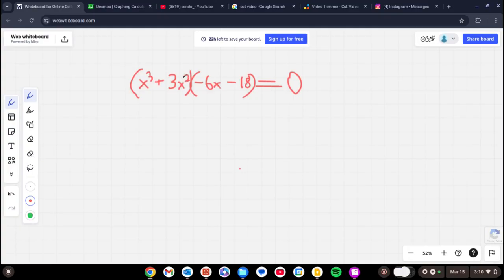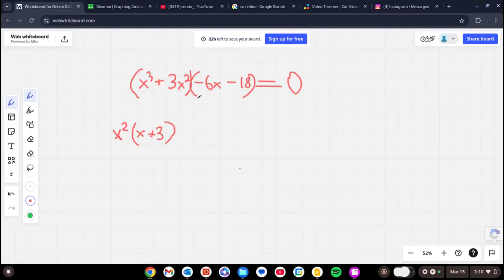So you can actually take x to the second out. If you take x to the second out of x to the third, you just get x. So let's take this one out of the parentheses. So we have x to the second, and now you have x plus 3.